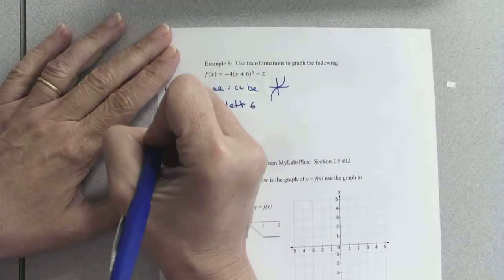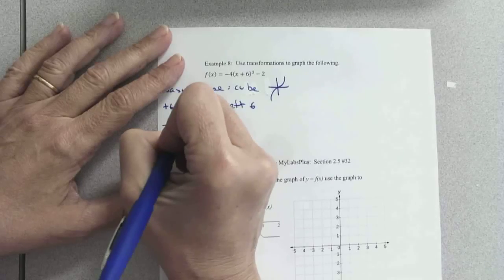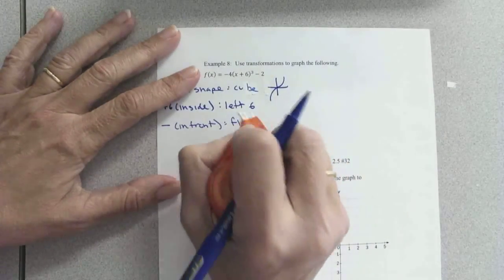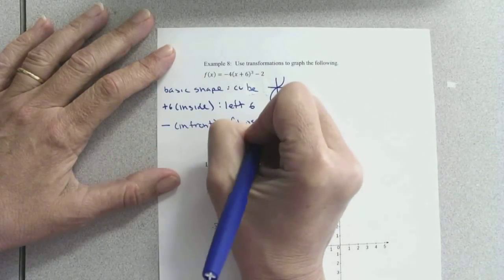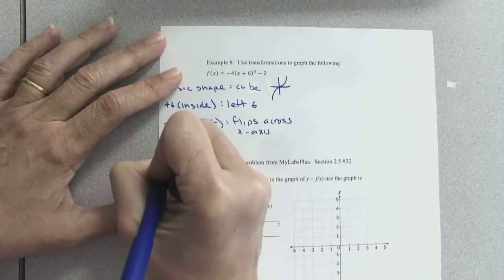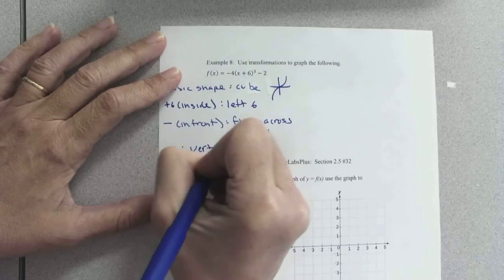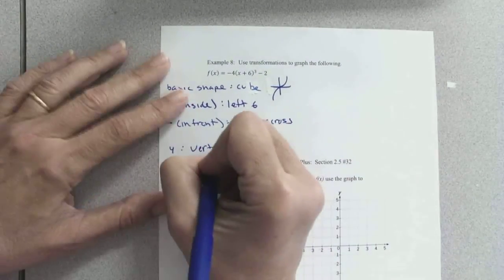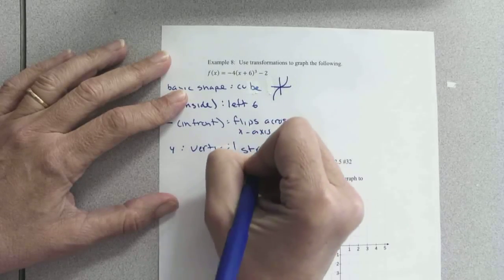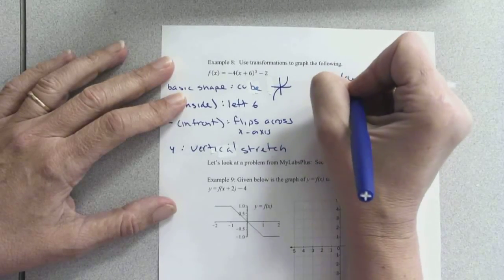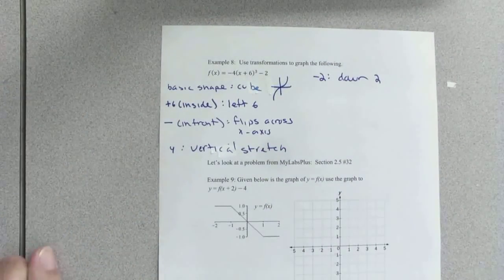So left 6. The negative in front flips across the x-axis. The 4, vertical stretch. And lastly, the -2, down 2.